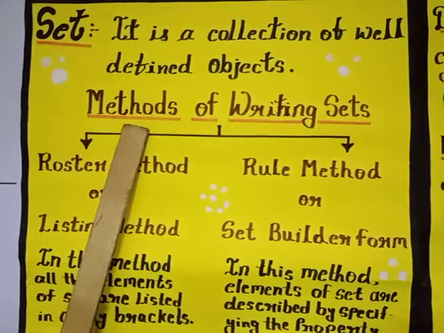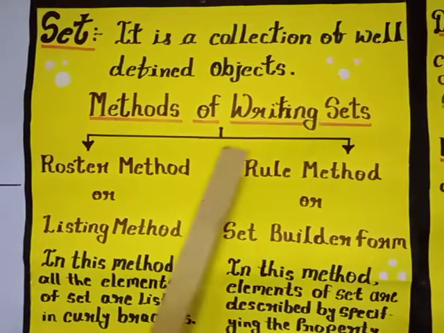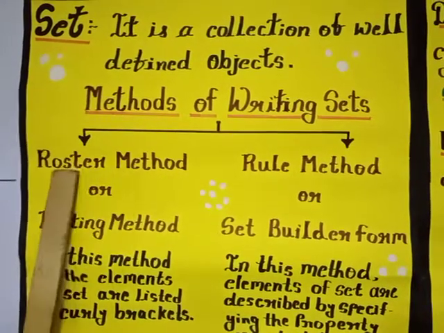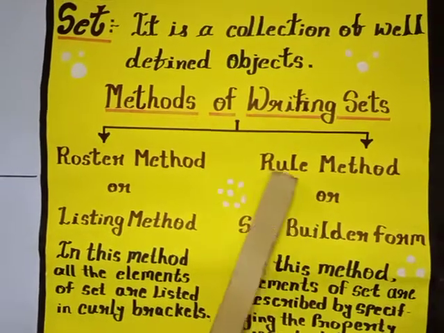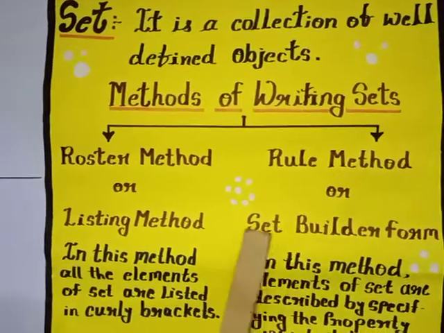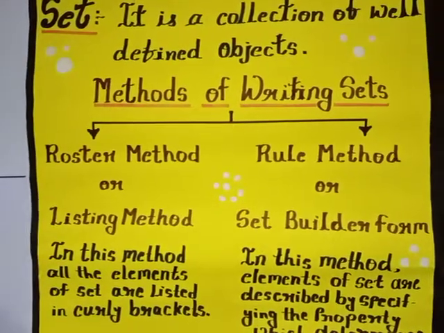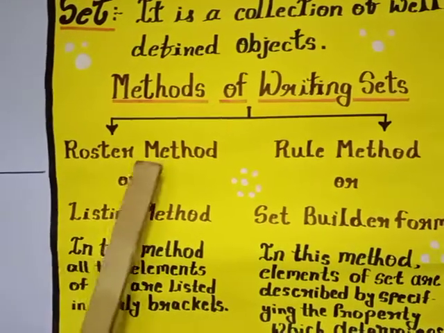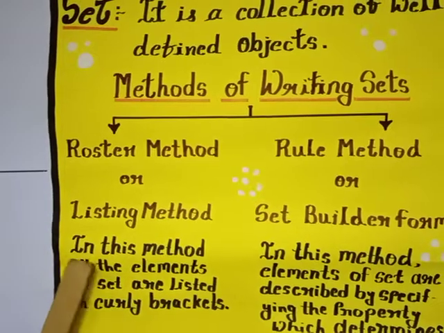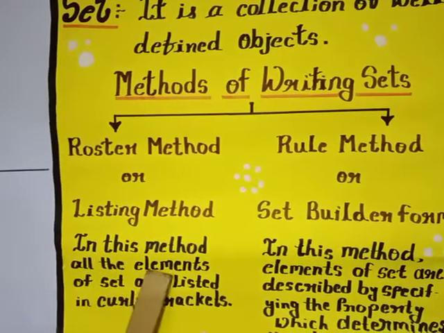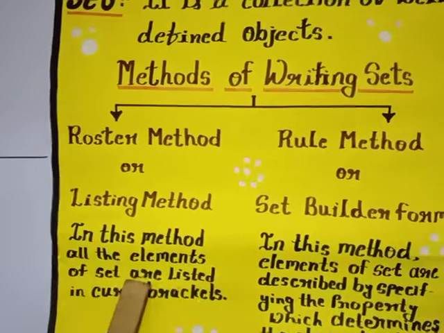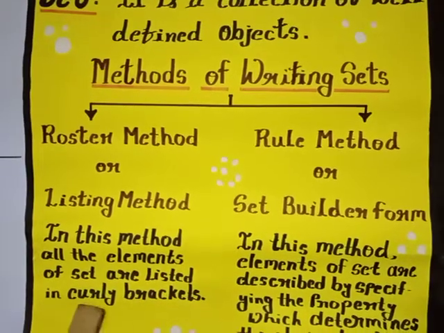Now the next topic is methods of writing sets. There are two methods of writing a set: the roster method or listing method is the first one, and the rule method or set builder form is the second. What is the roster method or listing method? In this method, all the elements of the set are listed in curly brackets.